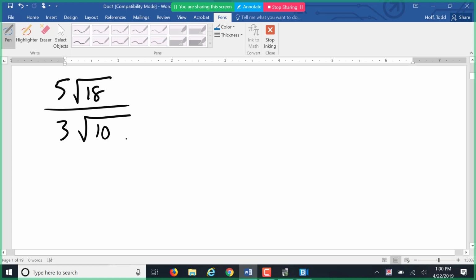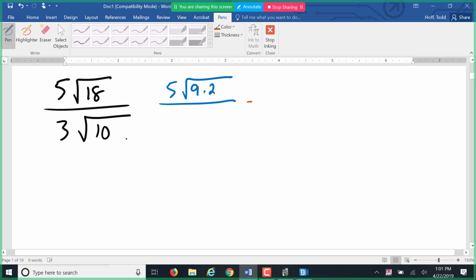This one here looks pretty tough, and it can be. But sometimes before we go to rationalize that denominator, we want to check to see if we can reduce it at all. 18 can be written as 9 times 2.